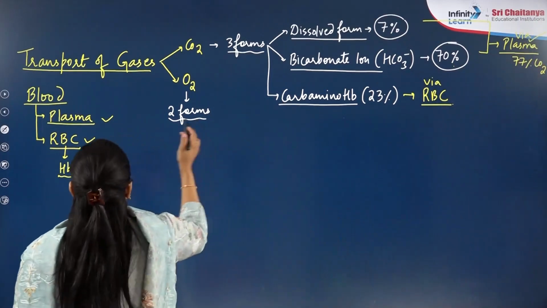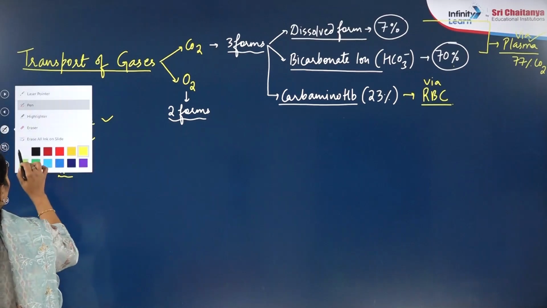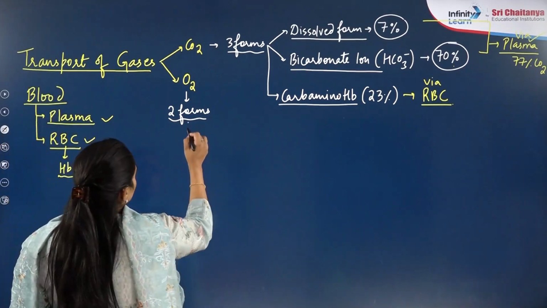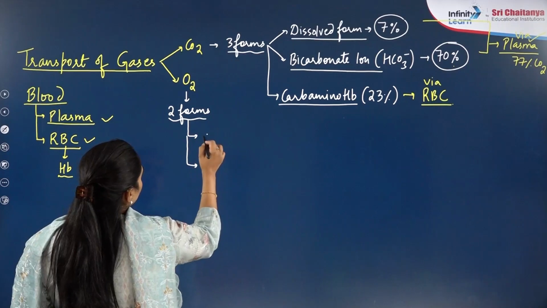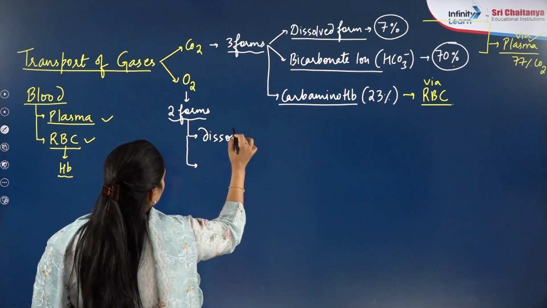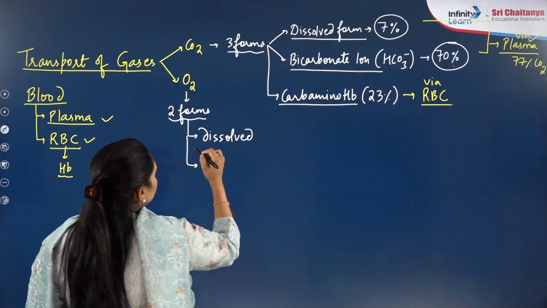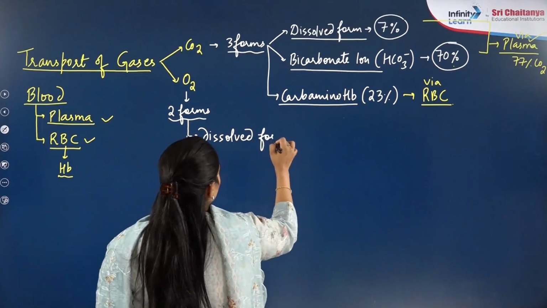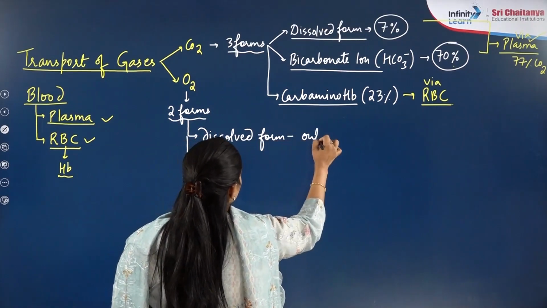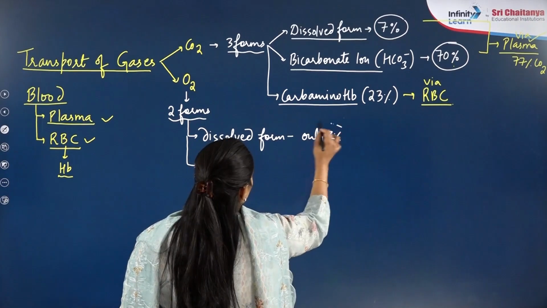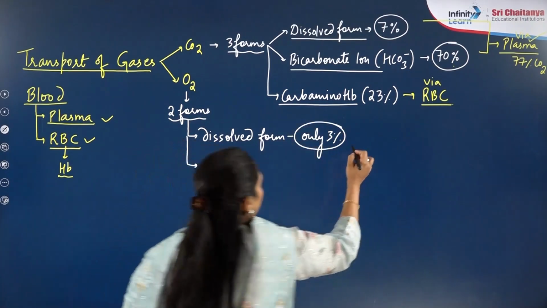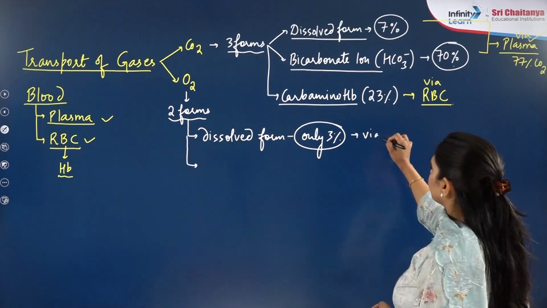Now, if we talk about the forms of oxygen, then oxygen travels in the dissolved form in plasma. How much dissolved form? Only 3%. Obviously, via plasma.